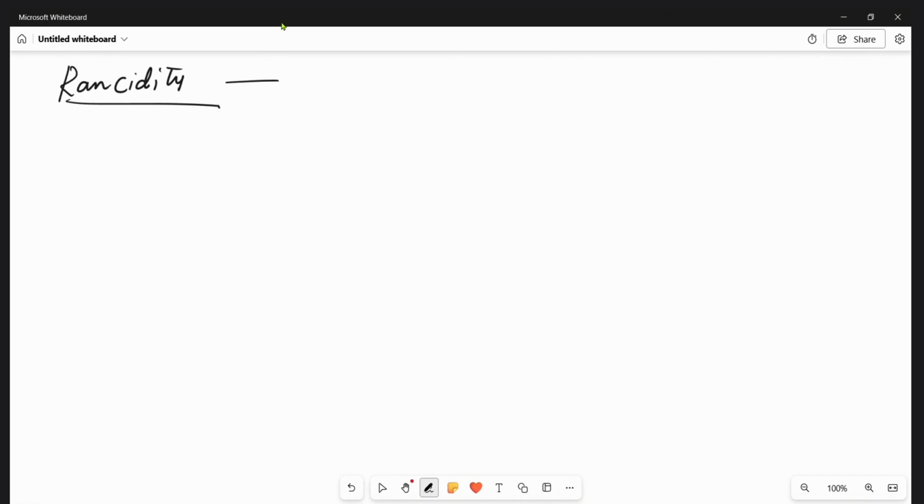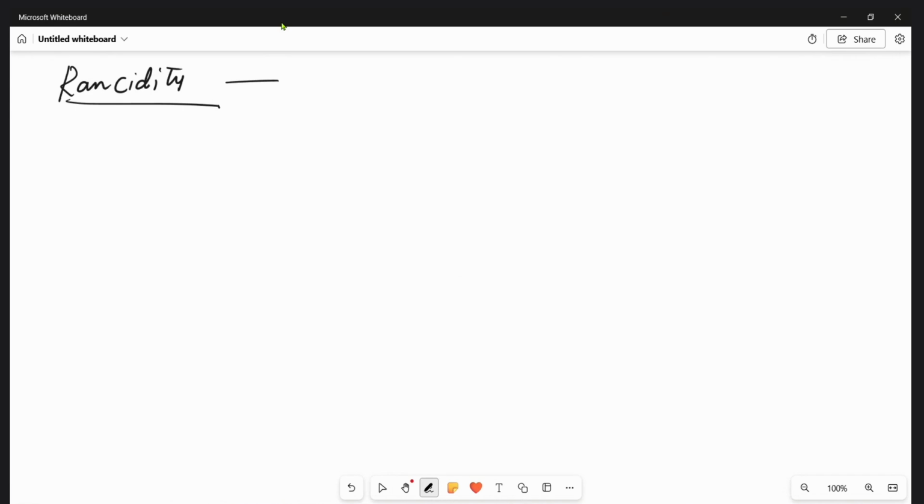Actually, Lays chips and all, the packet will be filled with nitrogen. Because of that, it will not become rancid and the smell will not change. What is the reason? Because it is filled with nitrogen gas.